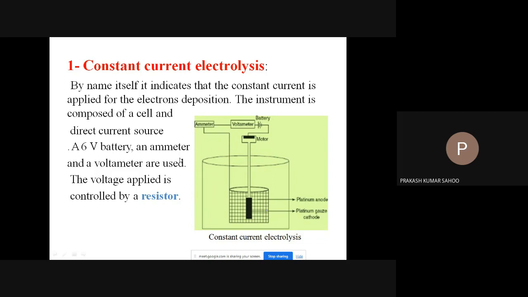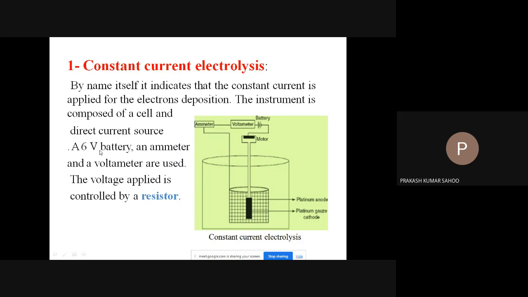There are two types of electrogravimetric apparatus: at constant current and at constant voltage. In constant current electrolysis or electrogravimetry, a resistor is used and connected to a 6 volt battery.